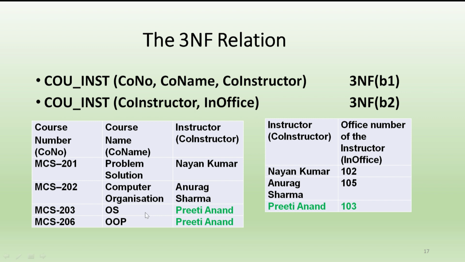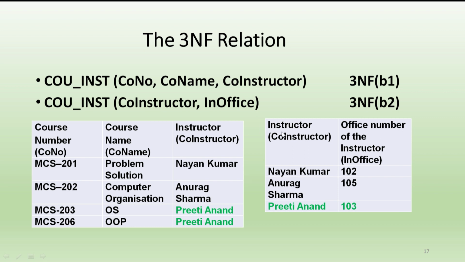Now what you can see here, once again the anomalies or the problems due to redundancy have been reduced drastically. Okay, and now Preeti Anand is appearing only in one place in the overall table, and you can join once again these two tables. How will you be joining these two tables? On course instructor.